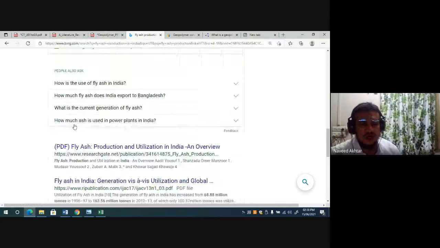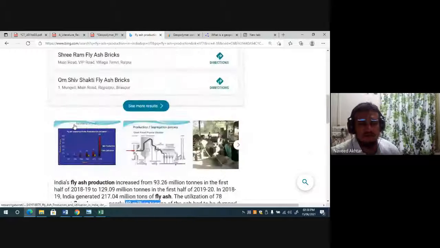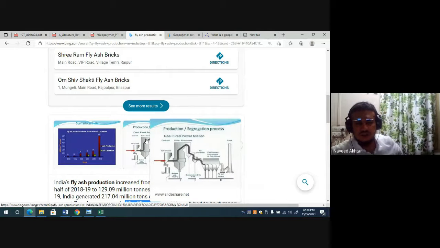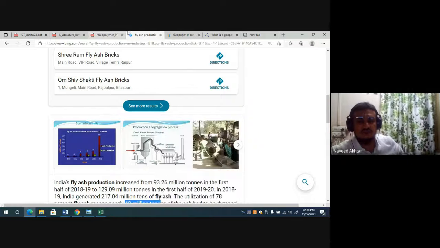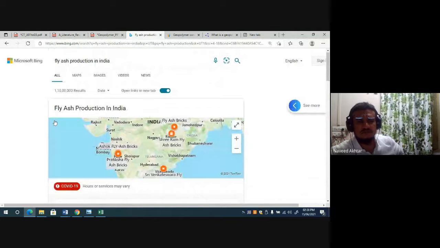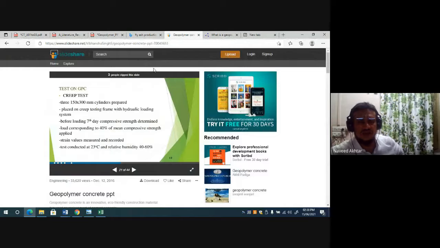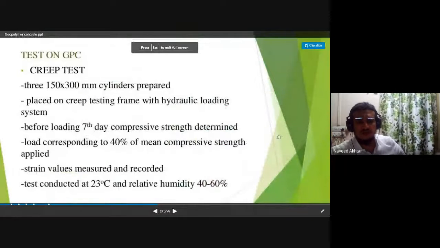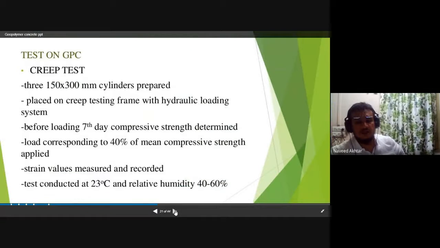So this is the impact of fly ash on our climate, and nowadays we are making blocks and many things by using fly ash. So this is about geopolymer concrete.